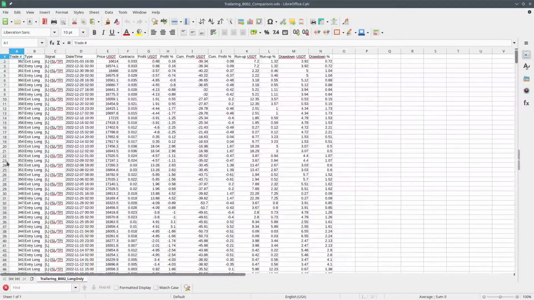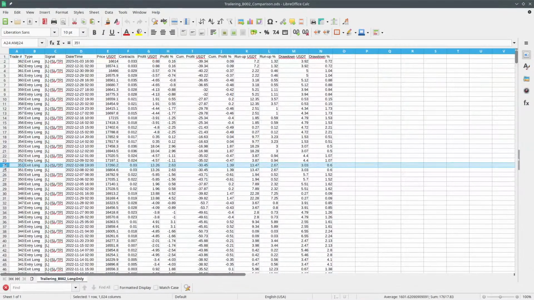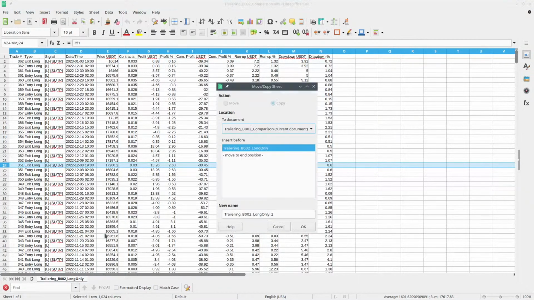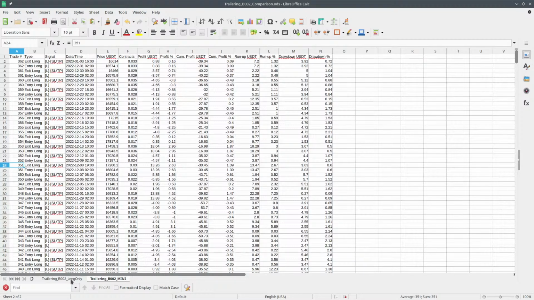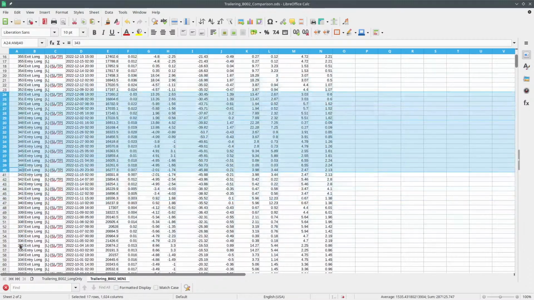And now we want to work with the last 10 trades so that it's easier to work with all of this. Let's copy this to the end, and this is going to be mini. So in this mini, we are going to get rid of a lot of trades, and keep the last 10 ones.